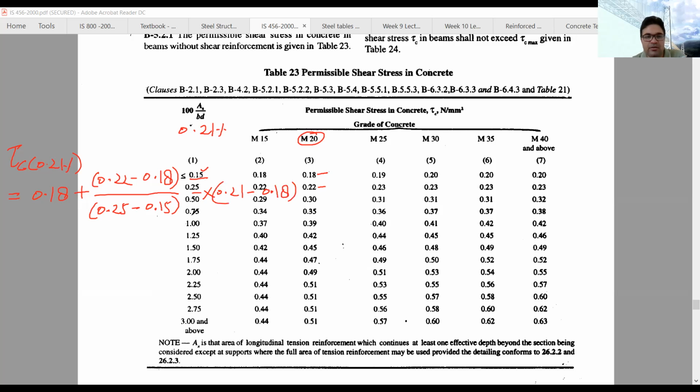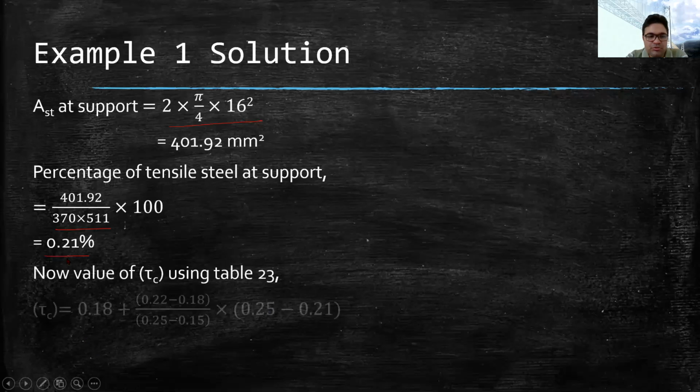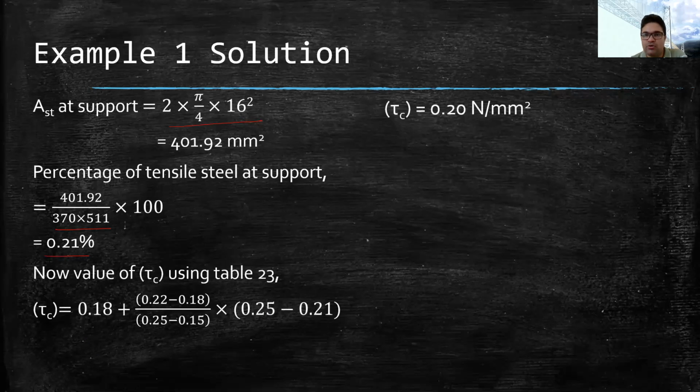This is how we do the interpolation in this case. 0.18 is the value corresponding to 0.15, and as you can see it is increasing, so that is why I have added it. I hope it is clear to you, because we have already done this earlier also. Using interpolation, we can easily find the tau c value as 0.20.